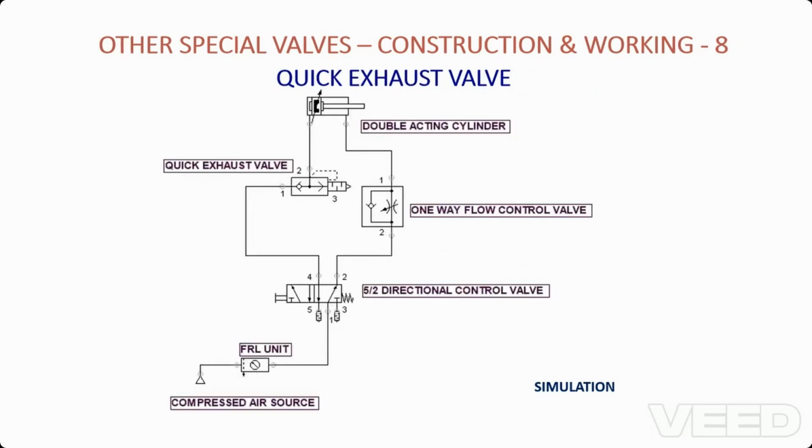In the quick exhaust valve, what actually happens is that extending of the double acting cylinder happens normally, but while it is returning it happens in a faster way. This can be used for simple applications where extending of the cylinder needs to happen slowly and the return needs to happen faster.